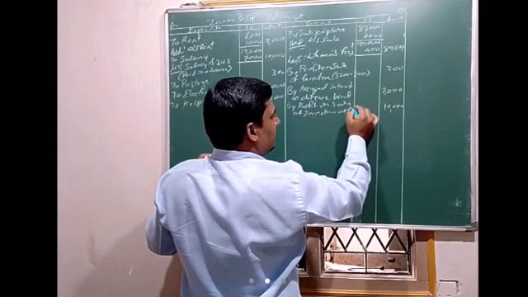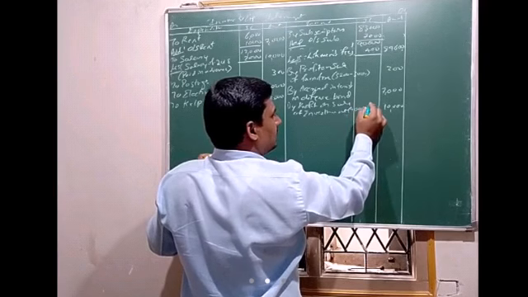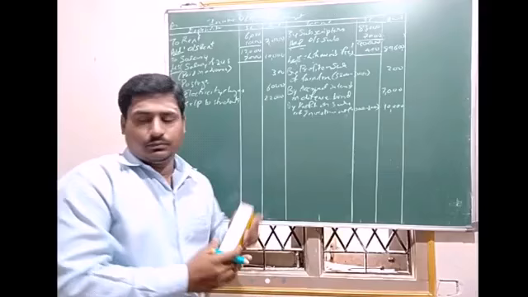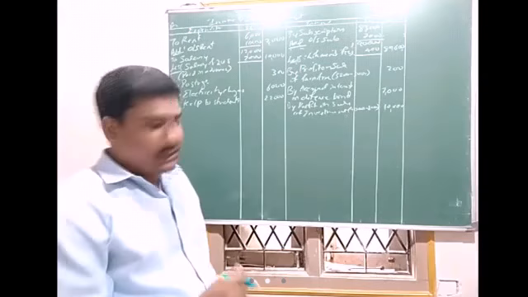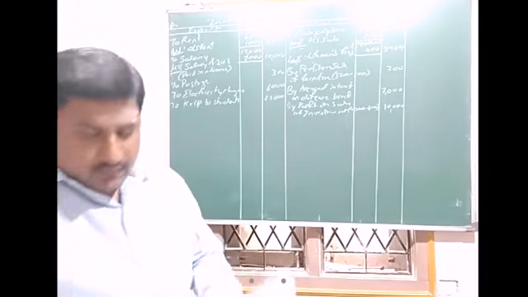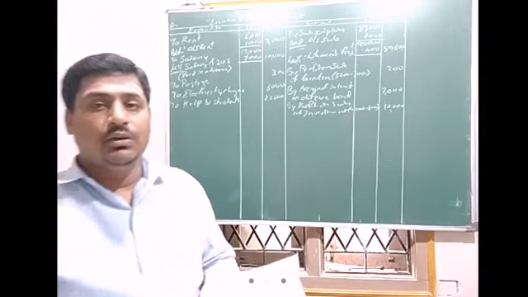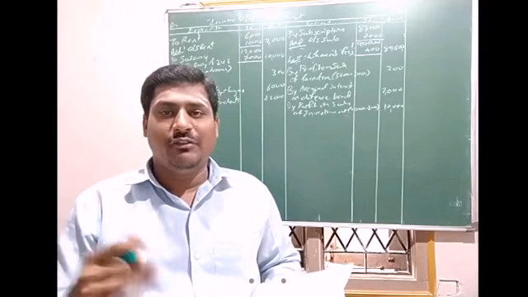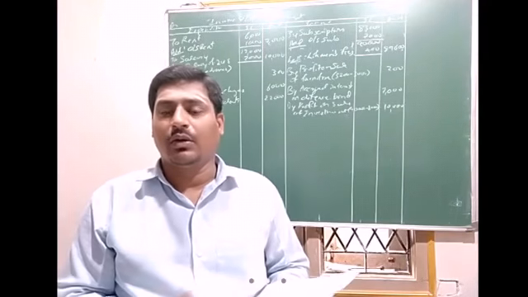That is 90,000 minus 80,000. Okay. So such things we have to identify in the adjustment. If we fail, we will get wrong answer.